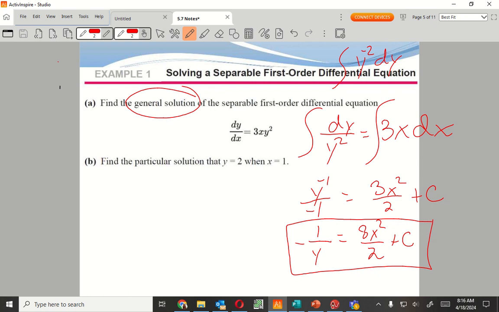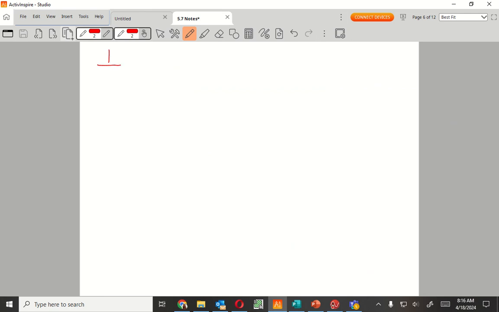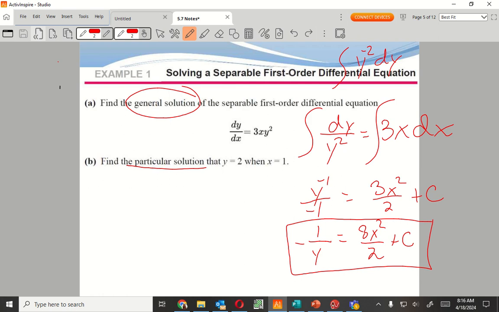But now what we're going to be doing is finding a particular solution. The particular solution is going to plug in x and y, so I will now know what c is going to be. Yep.